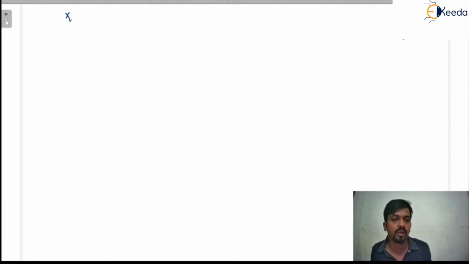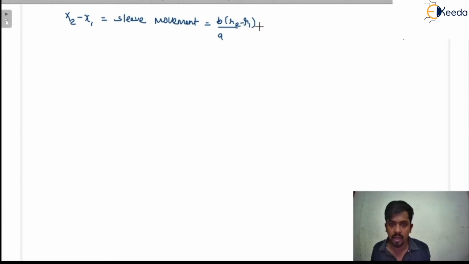So x2 minus x1 is nothing but the sleeve movement, and that is equal to B(R2 minus R1) upon A. R2 is equal to 2R1, so I am replacing R2 in terms of R1.